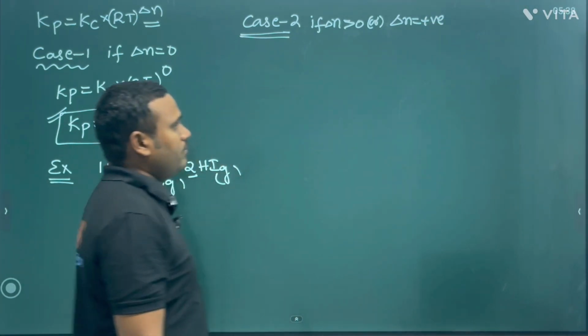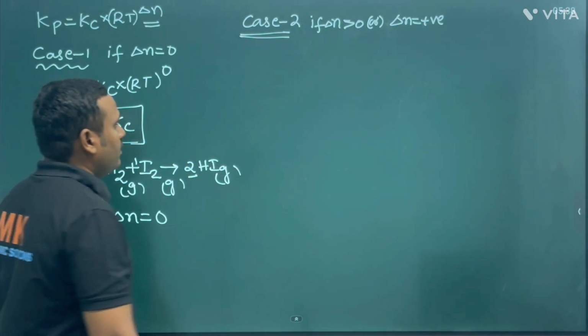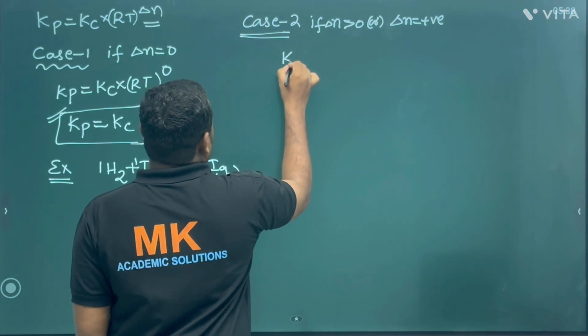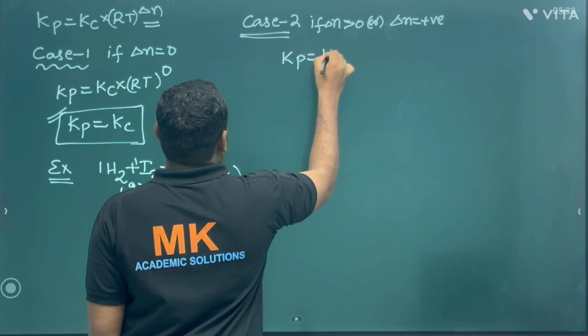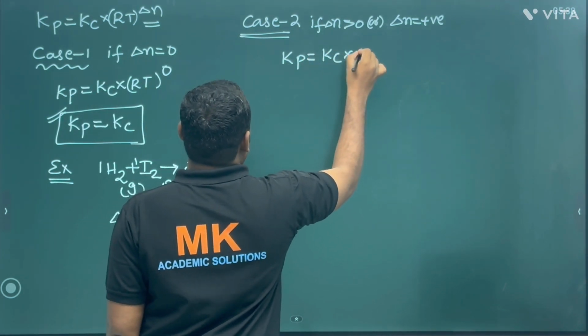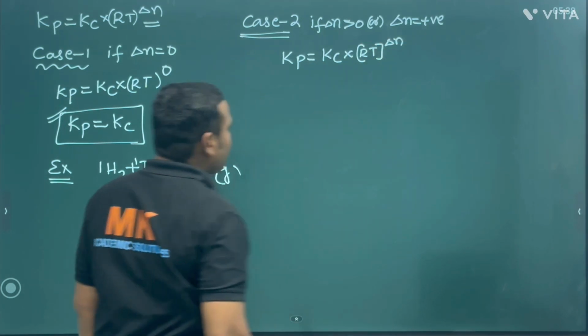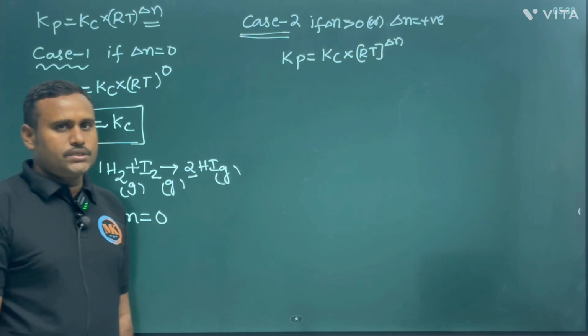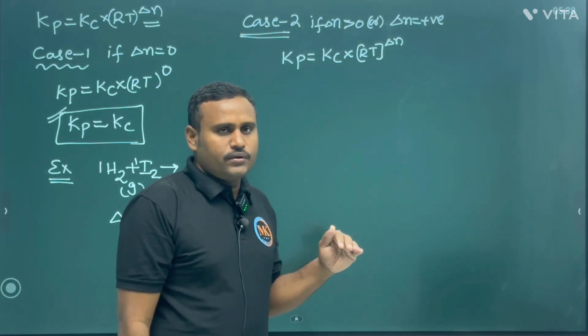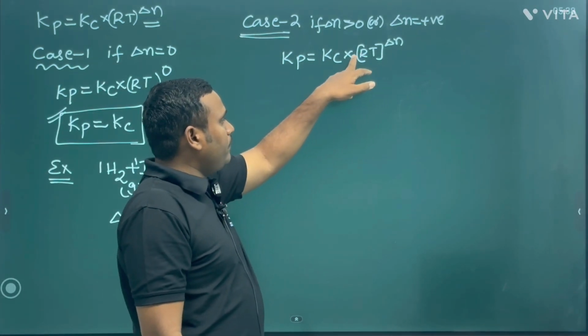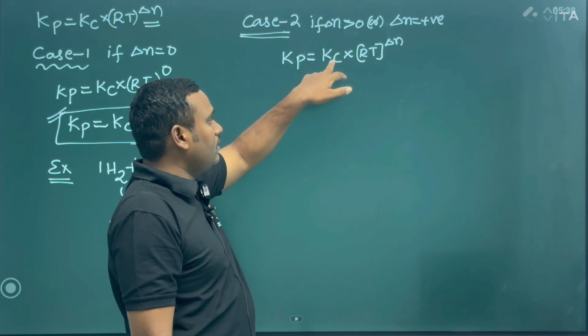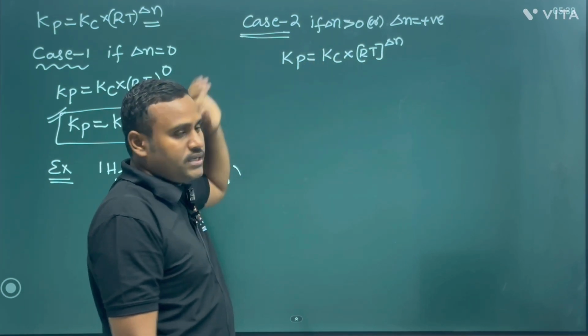Greater than 0 is nothing but positive only. Therefore, here Kp is equal to Kc into RT to the power delta n. Delta n is a positive value. Means here we need to multiply Kc with something to equalize Kp.